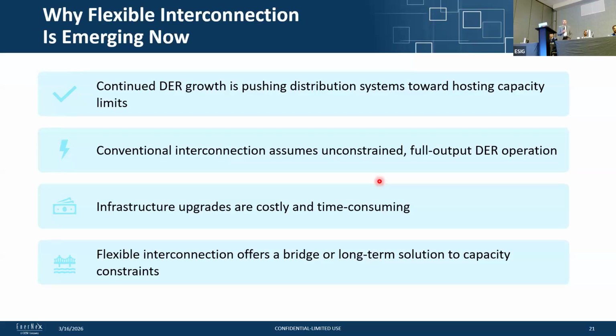Obviously, affordability is a huge aspect for every utility right now, and infrastructure upgrades are costly. So what can we do in the near or midterm to potentially offset that? Flexible interconnection offers that bridge, or could be a more long-term solution, but really, as Leo talked about, it's that near to midterm solution to try to open up capacity.